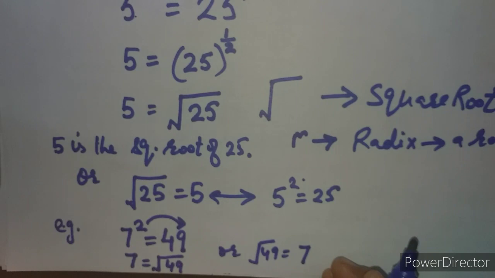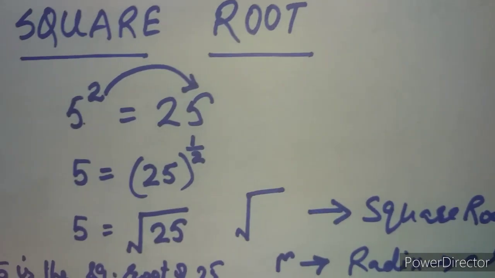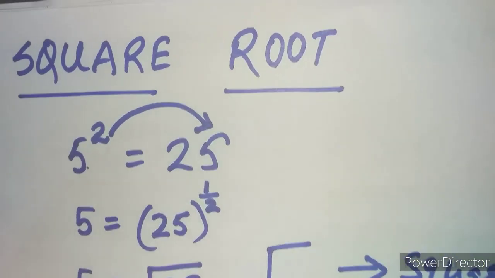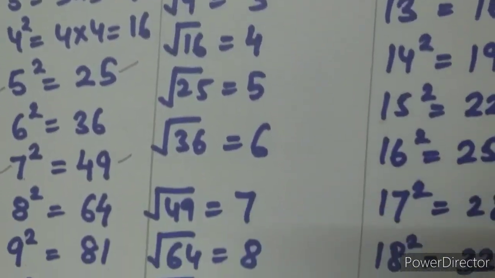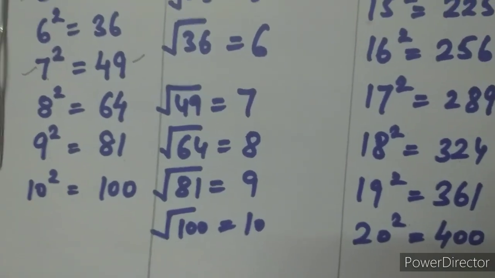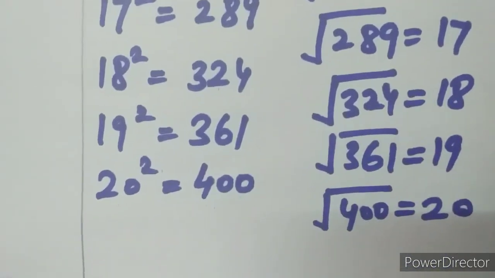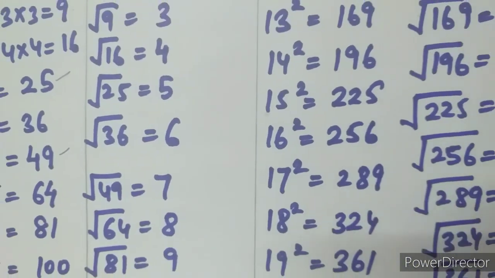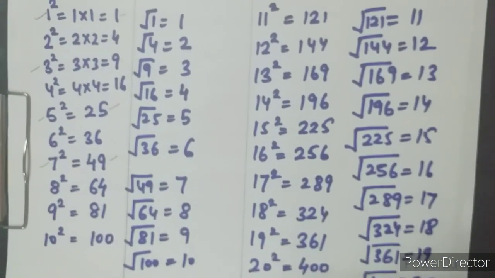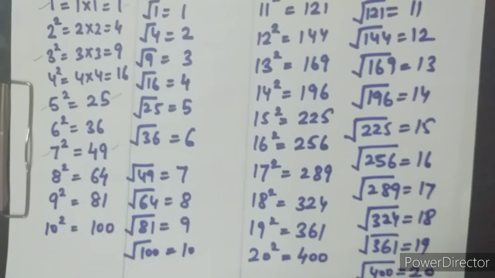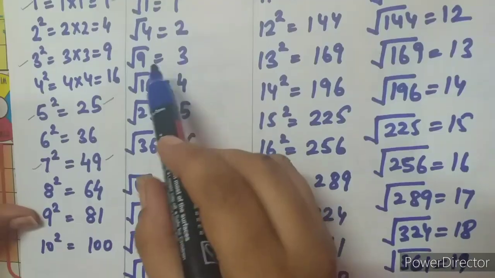Now in this connection, because we have written all the squares from 1 to 20, here I am going to write for you all the square roots from 1 to 20. I feel that you will find it very interesting.